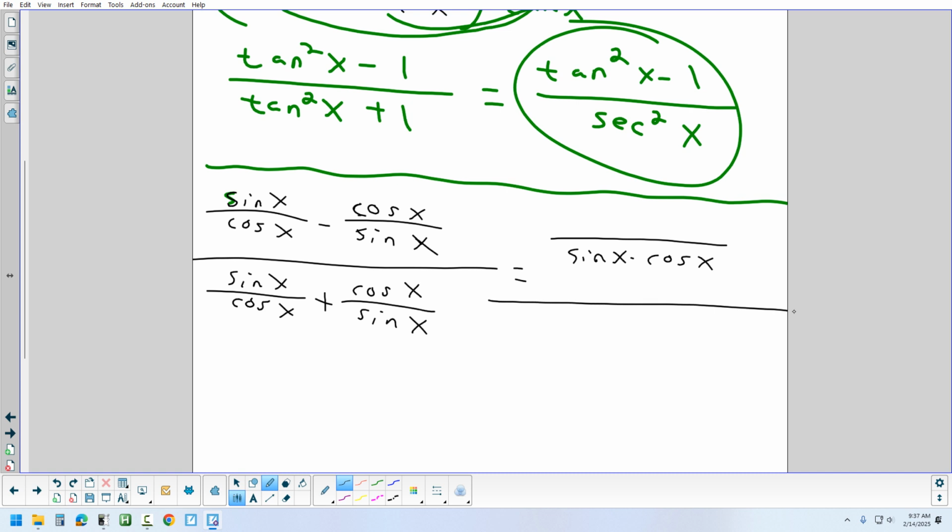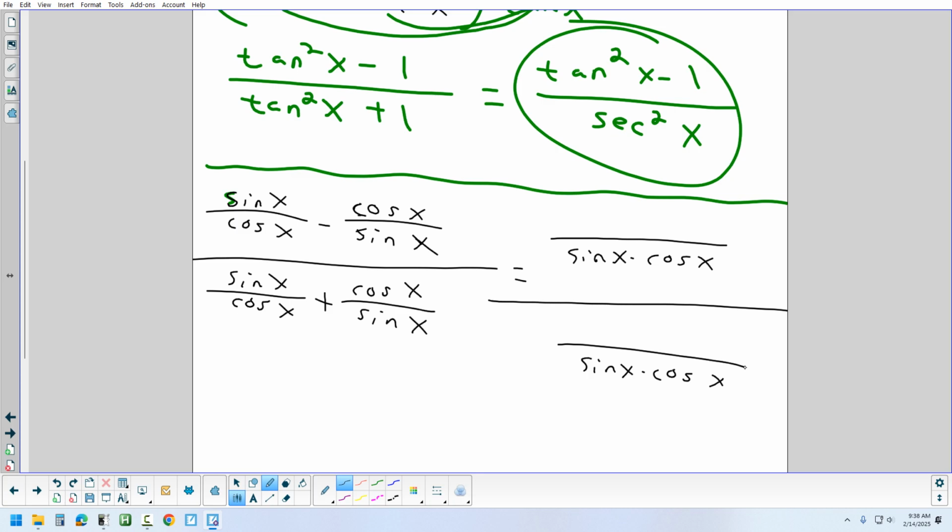And what's going to be the common denominator in the bottom? Same thing. So sine times cosine. Okay, when we do that in the top, and those subsequently cancel out because they're the same if we divide it by, we'll take a look at what's going to happen with that.